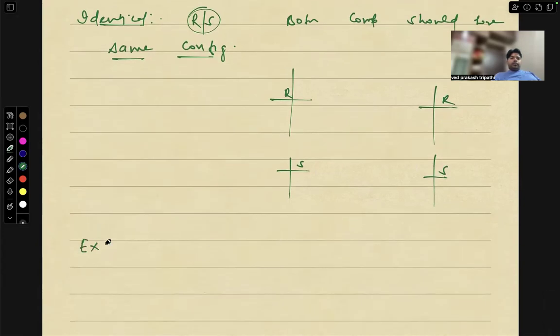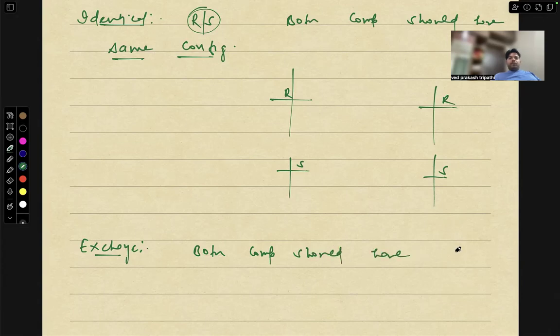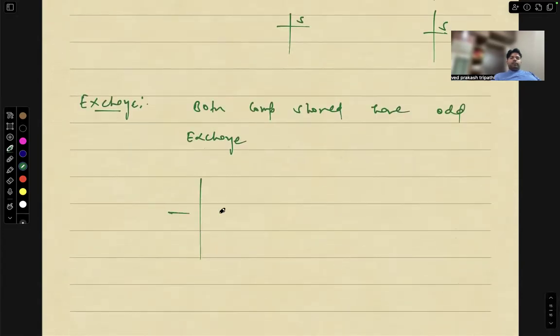Next, exchange. So here we can say both compounds should have an odd exchange, like that. Odd. Okay, so this is enantiomer.